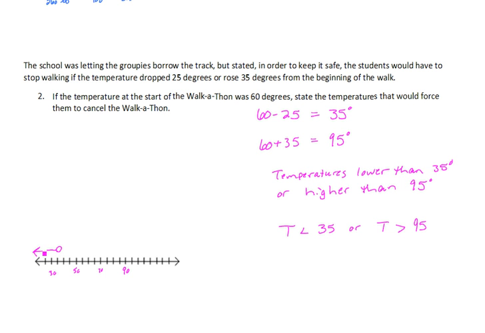Temperatures less than, or temperatures greater than 95. So notice when we do an or statement, our arrows are going opposite directions. Okay. Also notice that it could be 33 degrees, so our solution could be one or the other. That's why that or is there.